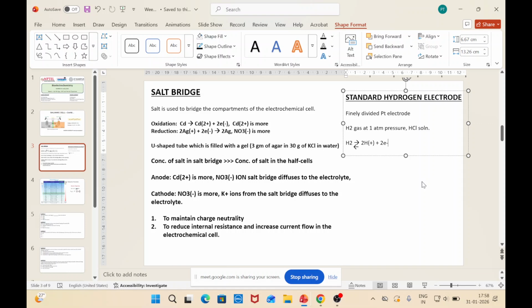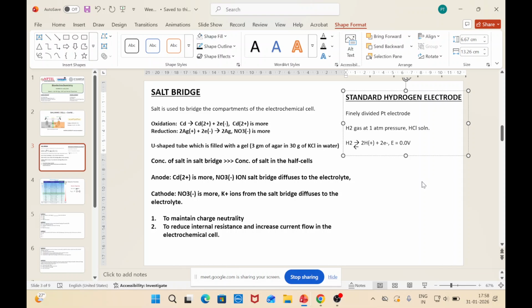So this is the reduction reaction of the hydrogen gas that happens on the platinum surface. Hydrogen gas undergoes reduction to release two H plus ions plus two electrons. These two H plus ions get adsorbed onto the surface of the platinum electrode. The voltage of this particular reaction is given as 0 volt.